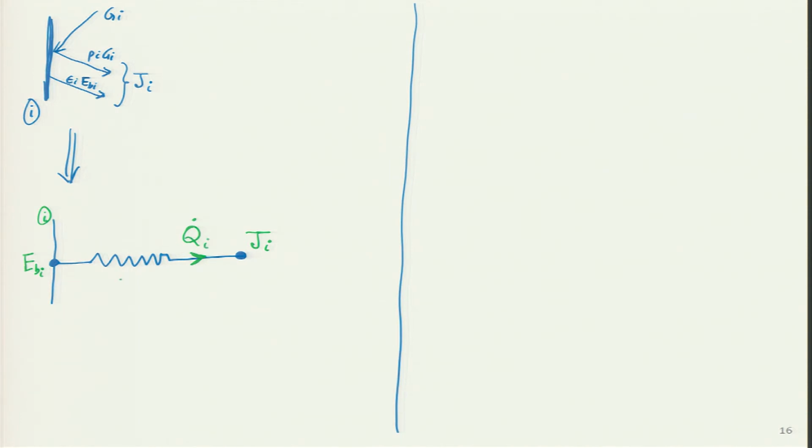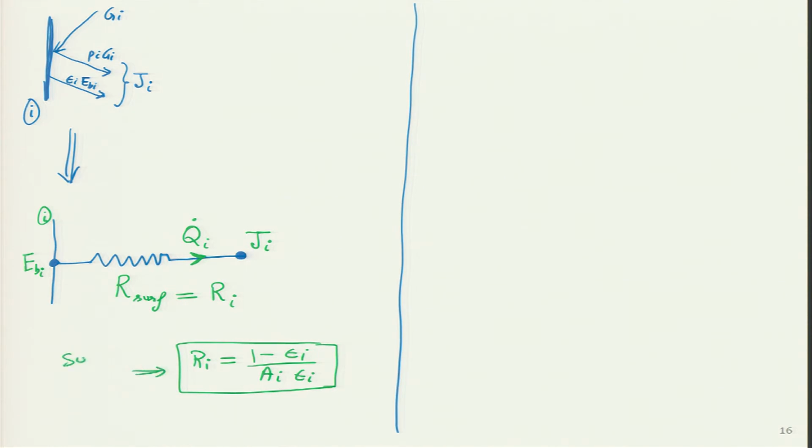What is this resistance? It is not electrical resistance, but the surface resistance. Because we are writing it for the ith surface, I can write it simply as R I, where the expression of R I is 1 minus epsilon I divided by A I epsilon I. So, this is the surface resistance.